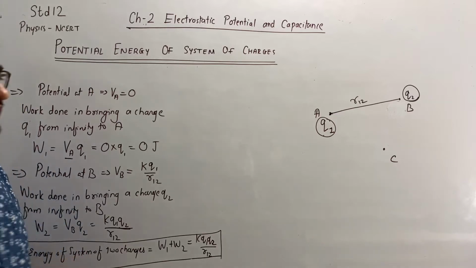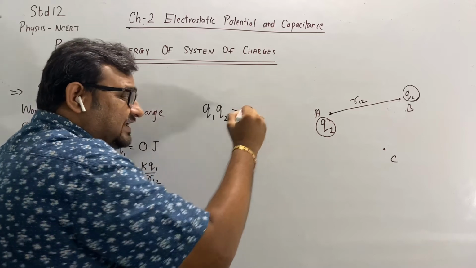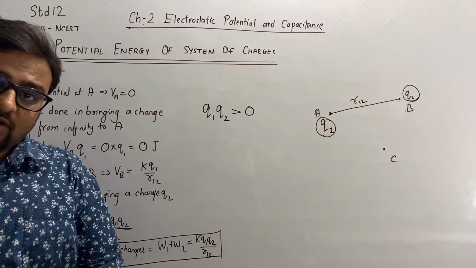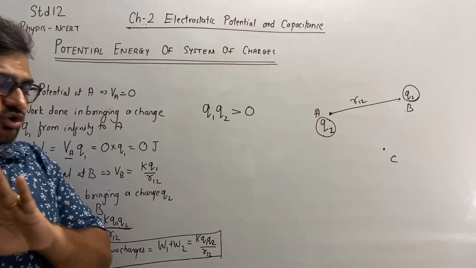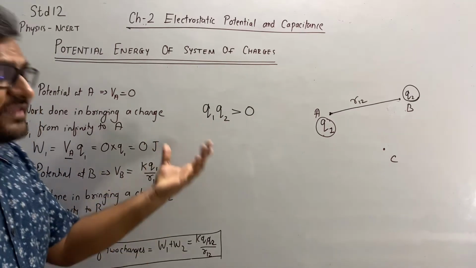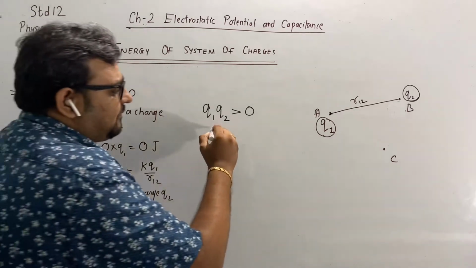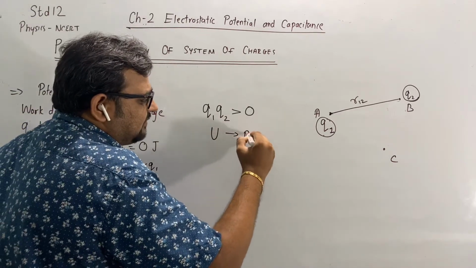If Q1 Q2 is greater than 0, meaning either both are positive charges or both are negative charges, then the potential energy will be positive.